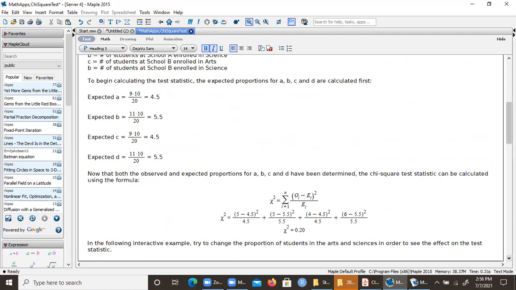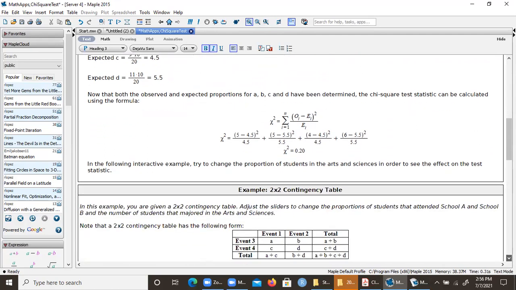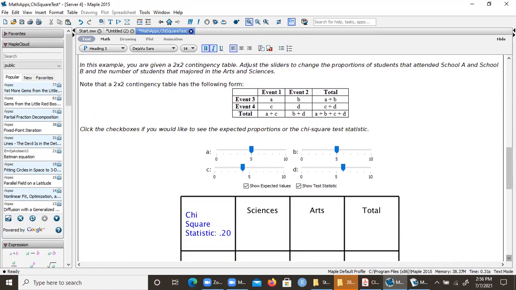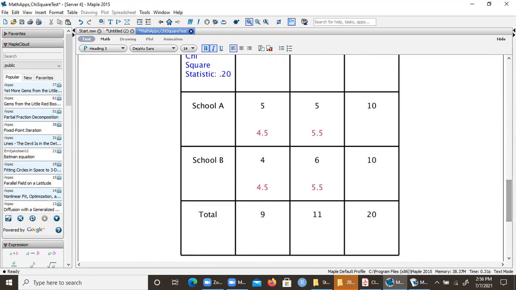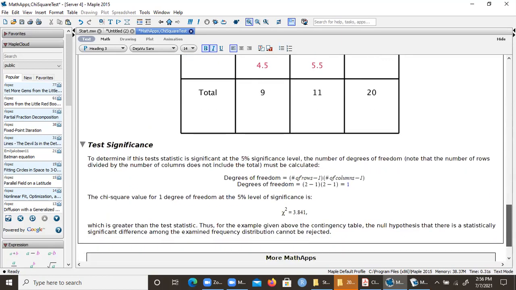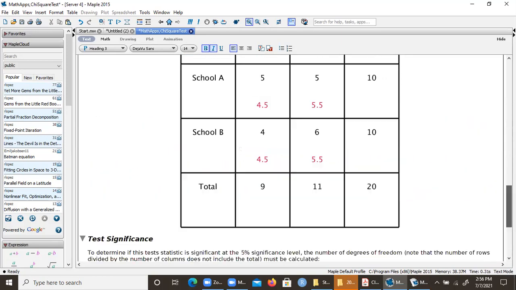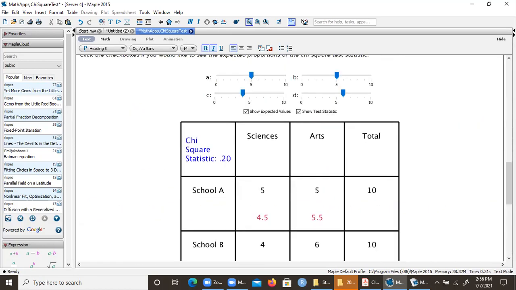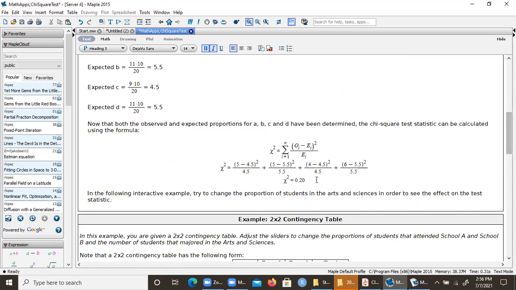Then they have shown that this can be done using the contingency table of this form, with the formula that I have explained just now, calculating the chi-square statistic and the degrees of freedom as well. The chi-square statistic comes out to be 0.20 for their example, and when they explicitly calculate it, they also got 0.20.